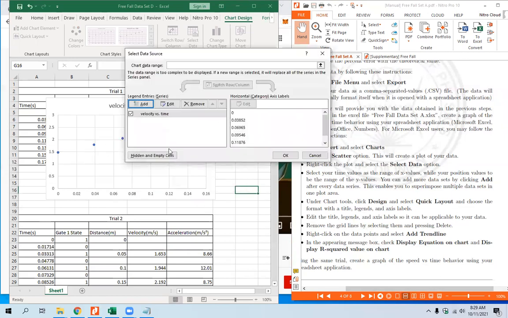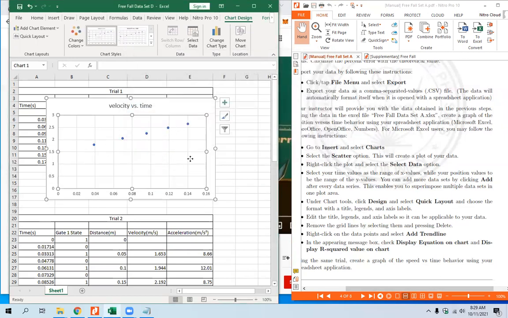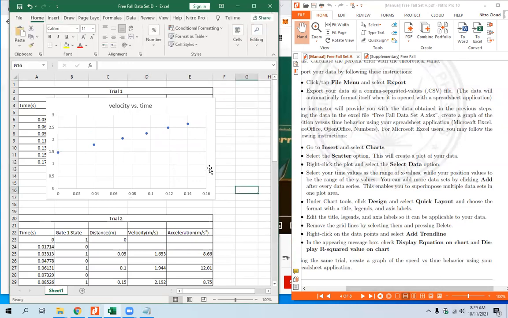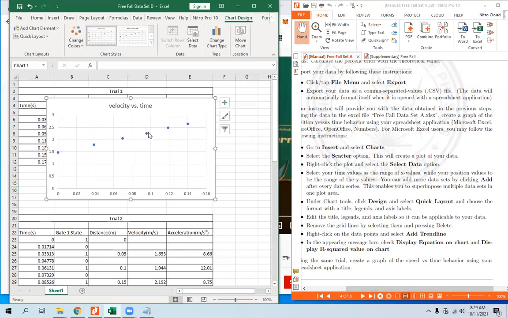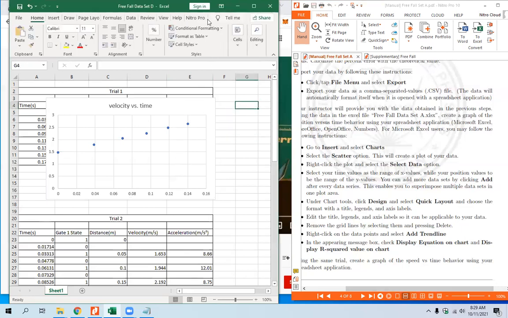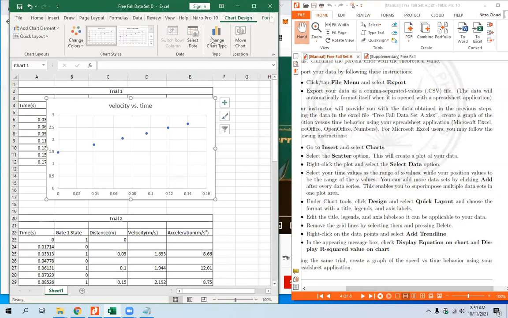Tapos magkakaroon na ng another graph dyan. So, sa chart design tab, may lumalabas na ganito kapag sineselect mo yung graph. Tingnan nyo. Nawawala siya, yung chart elements. So, mapapansin na sa Excel yan. Pag click nyo ito, lalabas to bigla. That's a convenient way of changing your plot elements.